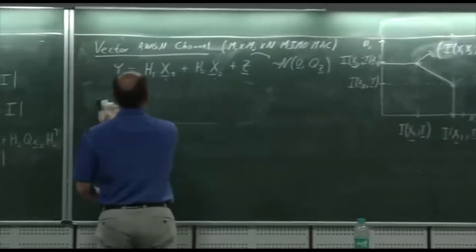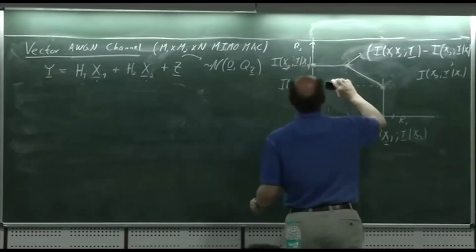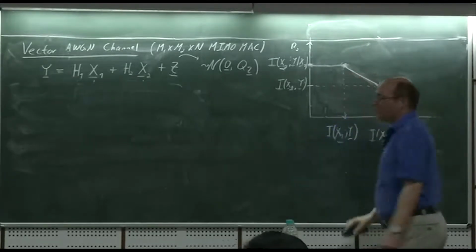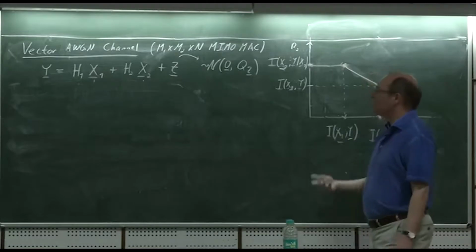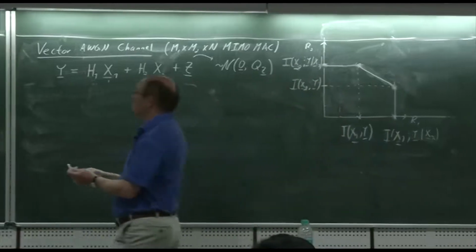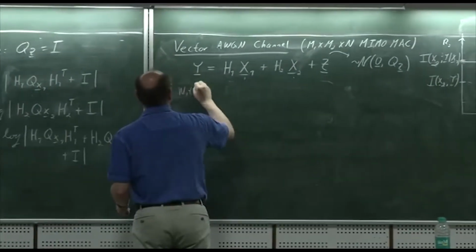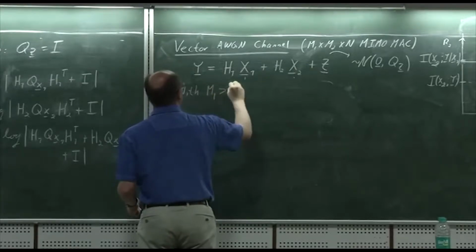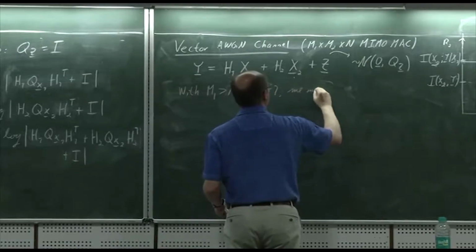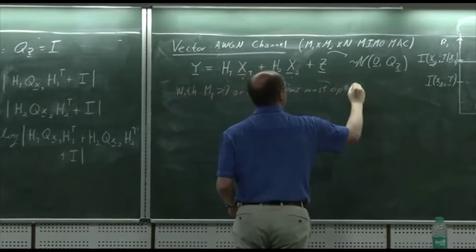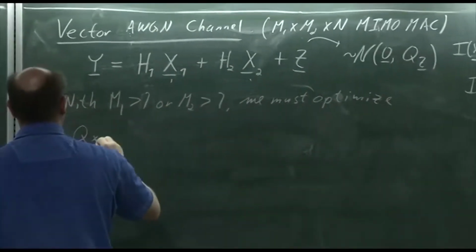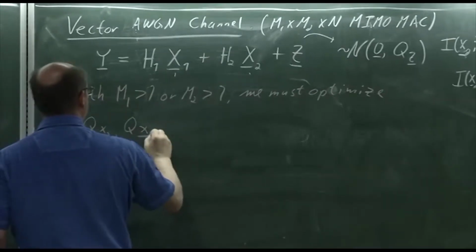Okay, and what's going to happen now is the following, and this is what's going to get interesting. Let me redraw this here. What we're going to do now is we now actually have to do an optimization. So with m1 greater than 1 or m2 greater than 1, we must optimize Q_x1 and Q_x2, right?